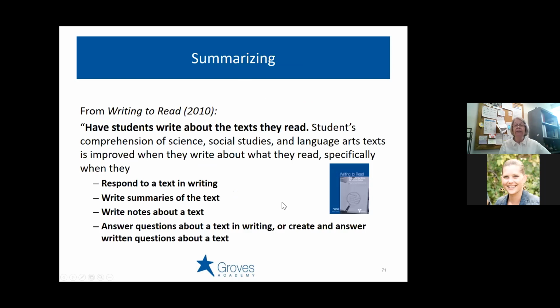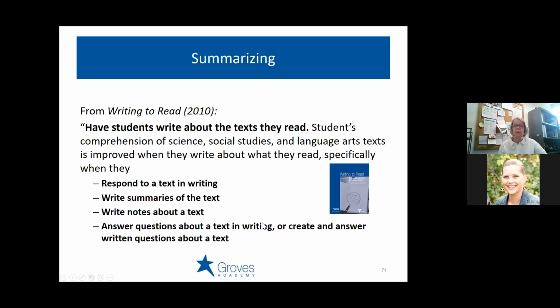And summarizing is one of the crucial pieces of writing that students need to do to support their reading comprehension. And this can be done in any content area class, particularly though in science and social studies, as well as language arts.